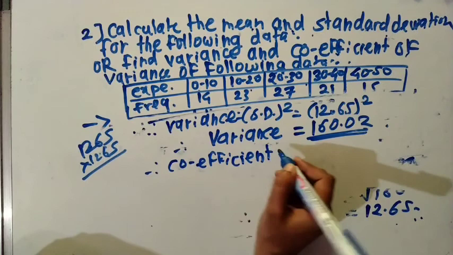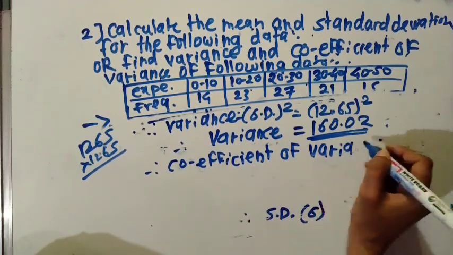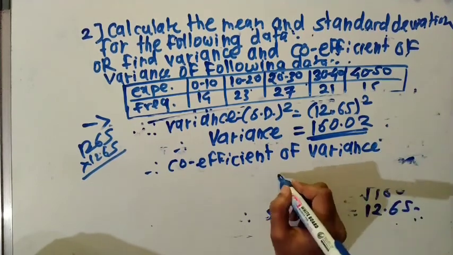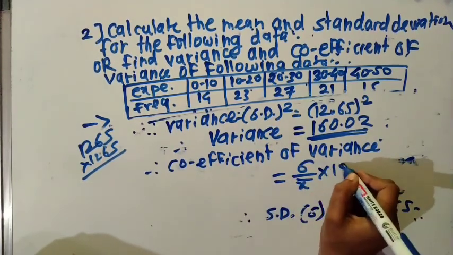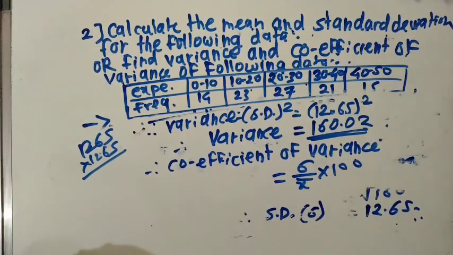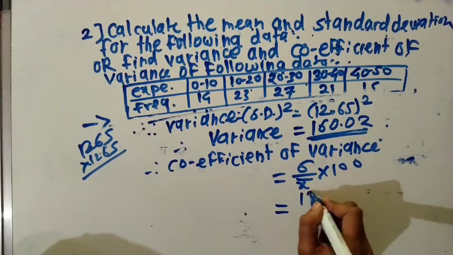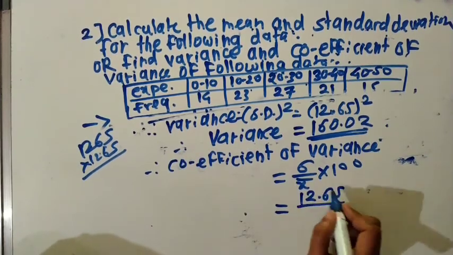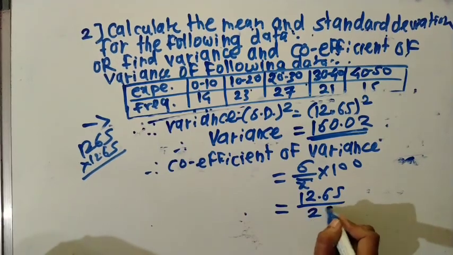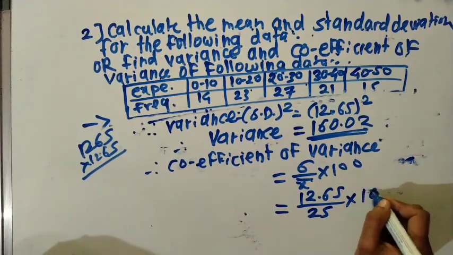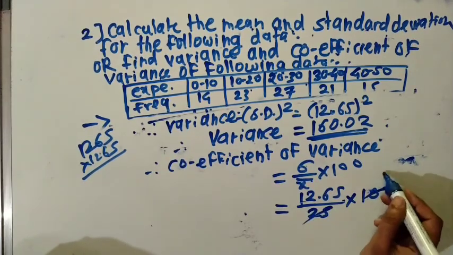Then coefficient of variance is equal to sigma upon x bar into 100. Sigma is the standard deviation, 12.65, upon x bar, the mean we found, 25, into 100.